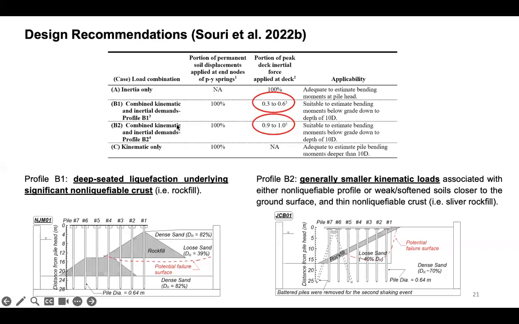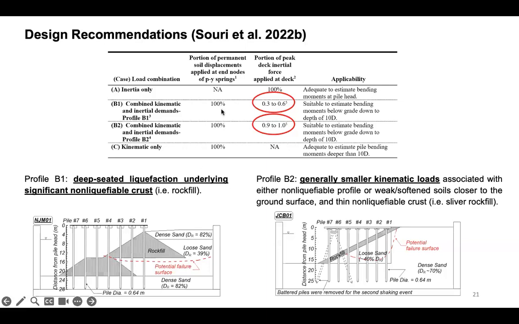For these cases in the middle, where the bending moment develops at what we call a shallow depth from the ground surface down to 10 times pile diameter, you are dealing with two cases. If you have cases that resemble profile B1 shown on the left side, these are cases where you have deep-seated liquefaction underlying a significant non-liquefiable crust.